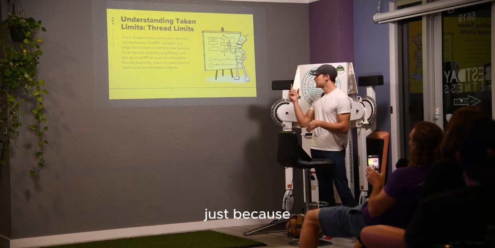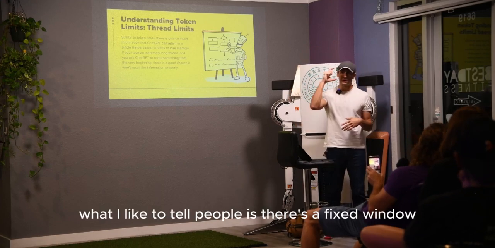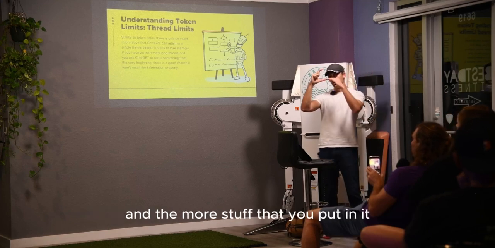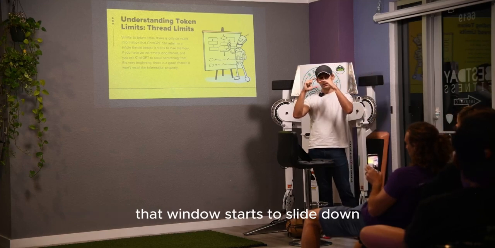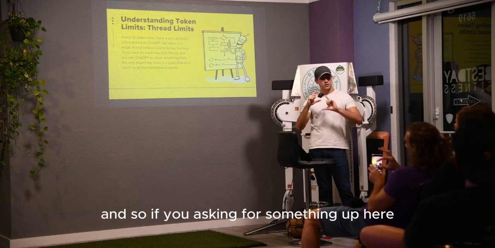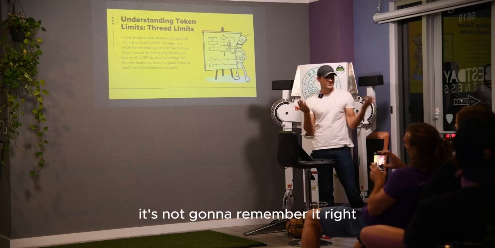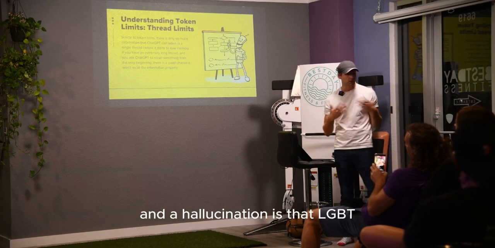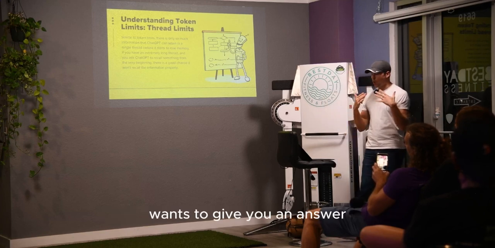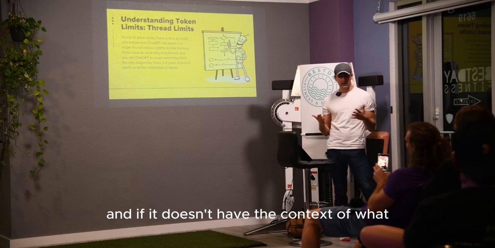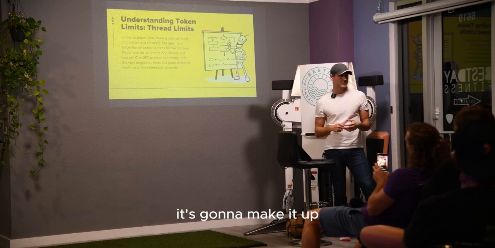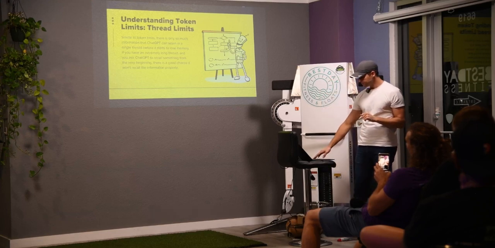What I like to tell people is that there's a fixed window in the memory of these threads. And the more stuff that you put in it, that window starts to slide down. So if you're asking for something up here, it's not going to remember it, right? It's a good likelihood that it will hallucinate. And a hallucination is that ChatGPT wants to give you an answer, and if it doesn't have the context of what the thread is about, it's going to make it up. That's what a hallucination is.